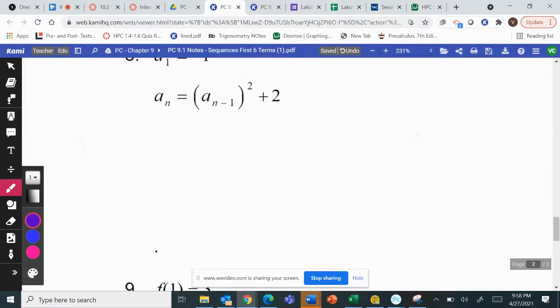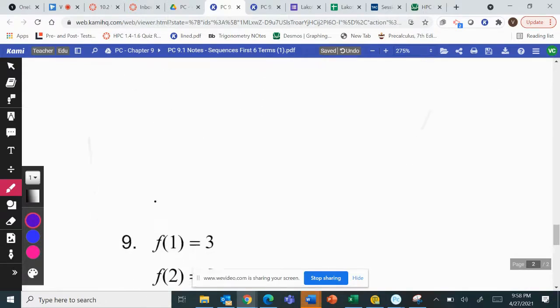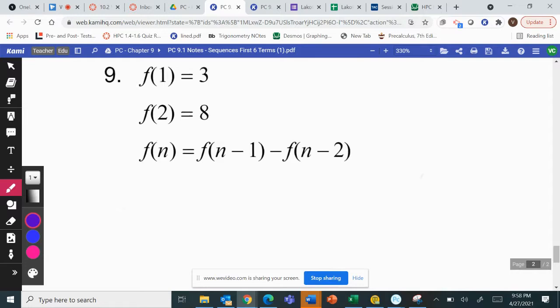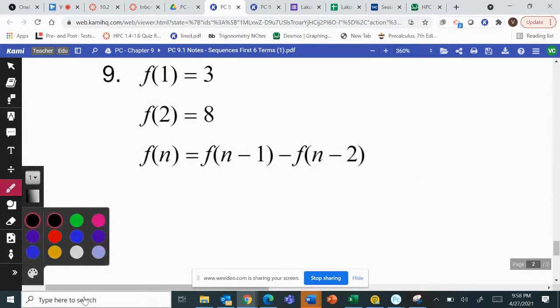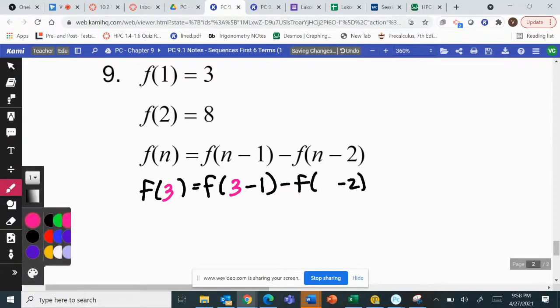All right, the very last, oh no, just kidding, it's not the very last one. So this is similar to number 6. I wanted to go to number 9. So number 9 gives us f of 1 and f of 2. So we already have the first 2. We only have to find 4 more. So I'm on f of 3. I'm going to plug in 3 every place that I see an n, and I'm going to simplify that.